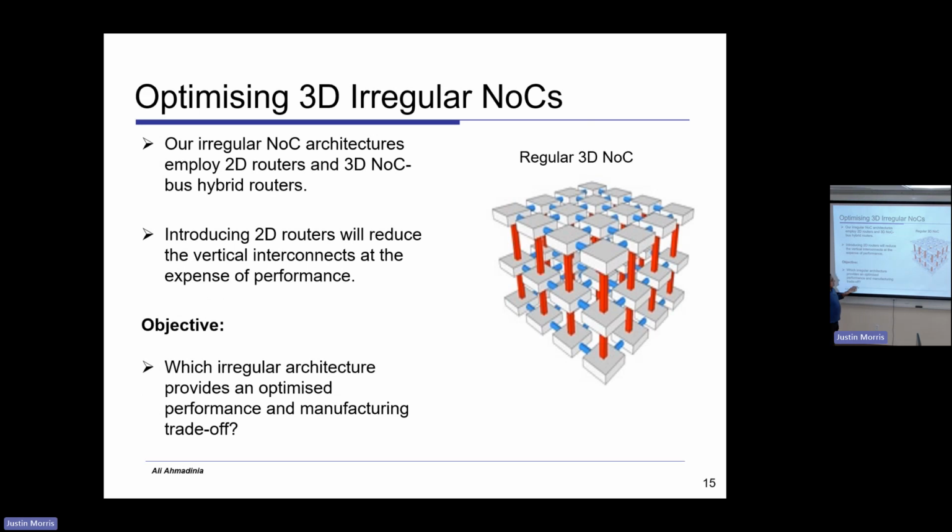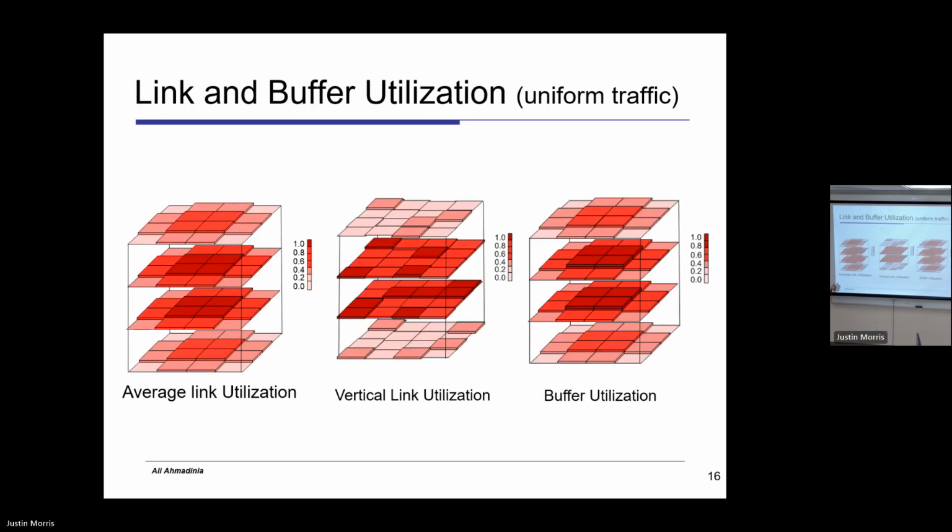So the main idea was to generate a 3D network on chip with a minimal number of 3D communications, vertical communications here, but at the same time provide comparable performance to a fully connected or regular 3D network on chip. So we worked on optimizing regular 3D node systems.